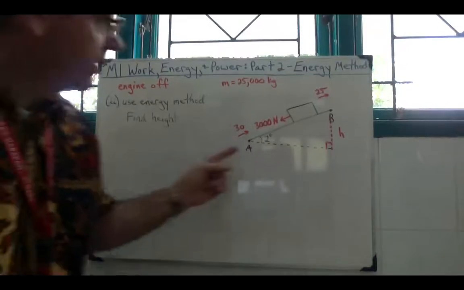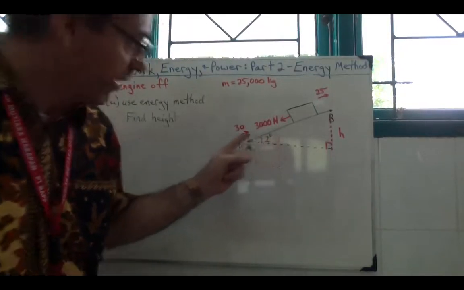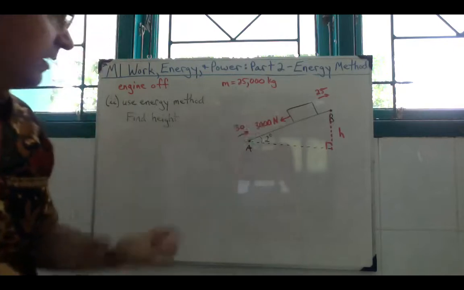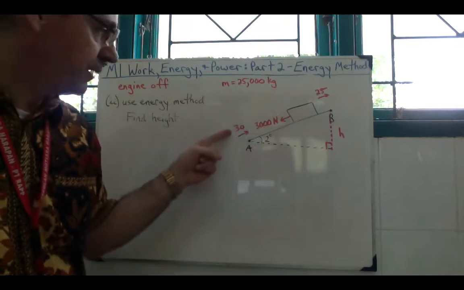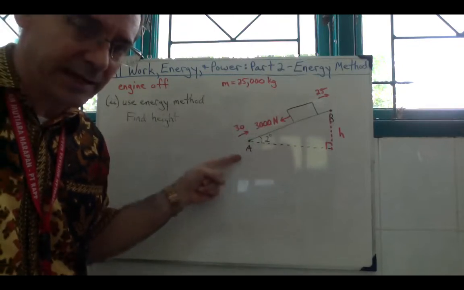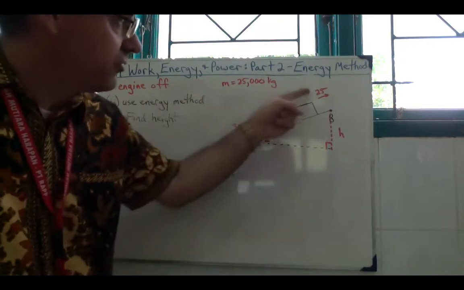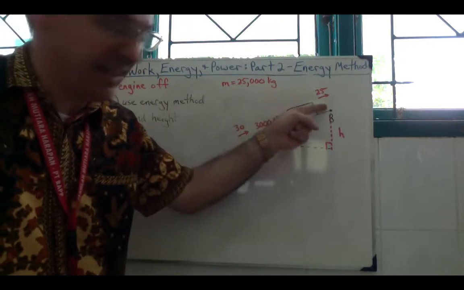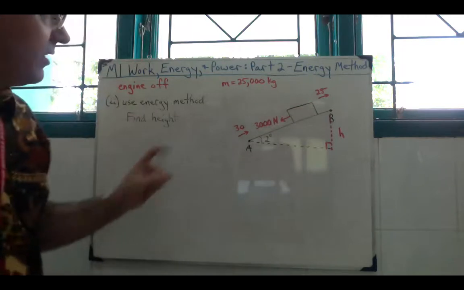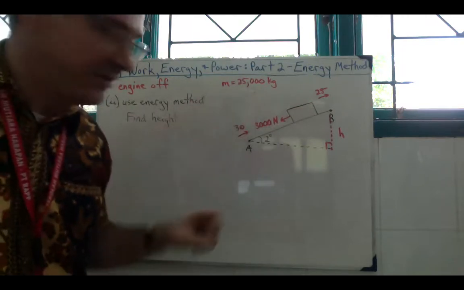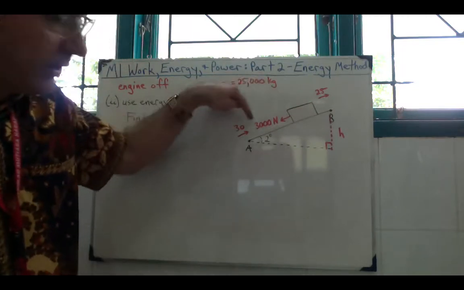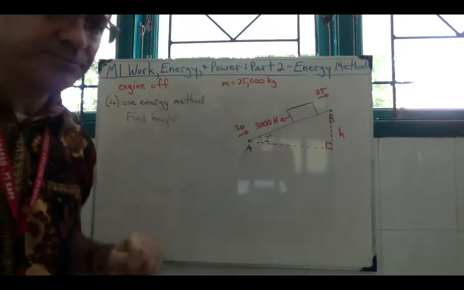Well, again, we need to draw a good diagram. So here we have our 2-degree incline. Our lorry is going up a hill. We see that it goes from 30 meters per second at point A down to 25 meters per second at point B. We see that the mass is still the same, and the resistance is still the same.